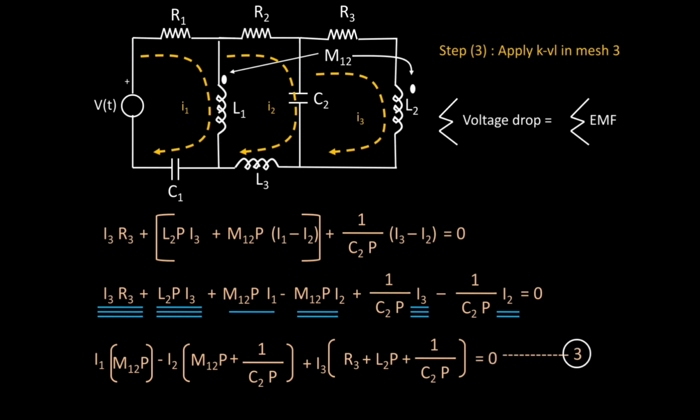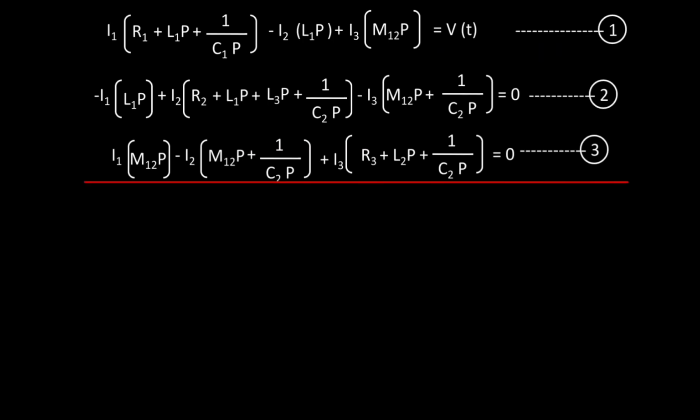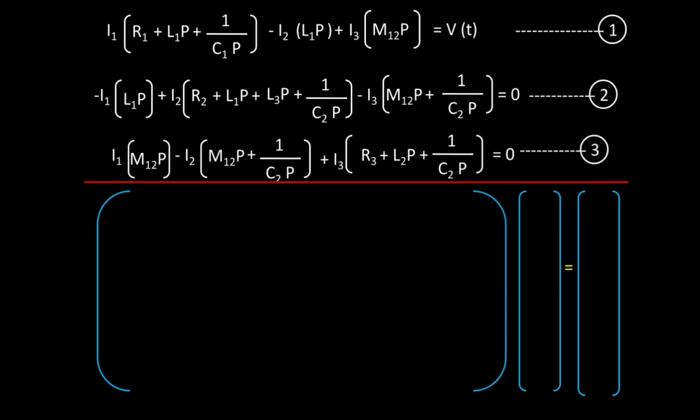So we obtain 3 equations by applying Kirchhoff's voltage law in each mesh, that is equation 1, equation 2 and equation 3. Now we will arrange these 3 equations in the matrix form. The first matrix will be the impedance matrix, and its order will be 3 by 3 because we are having 3 equations. The second matrix will be the current matrix, that is 3 by 1, and the last matrix, that is the voltage matrix, will again be 3 by 1.